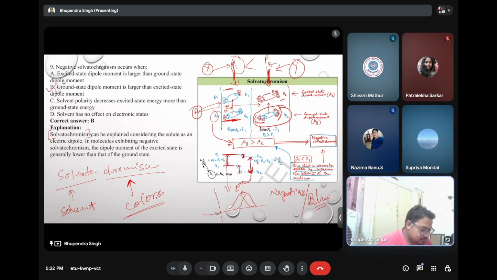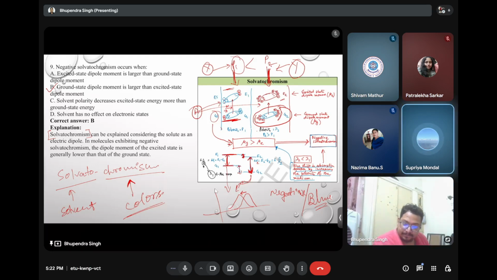And what condition has to be there to get the red shift? P2 solvent.